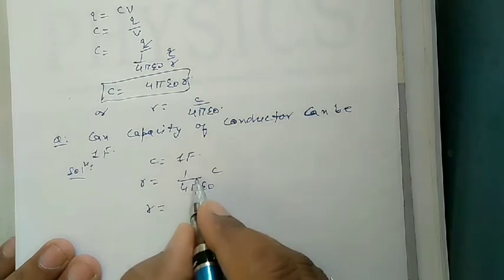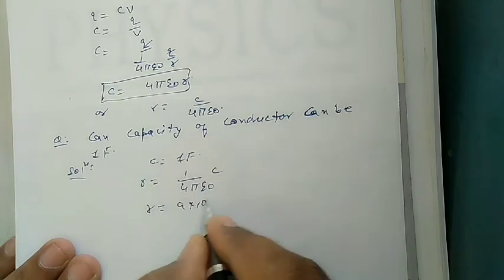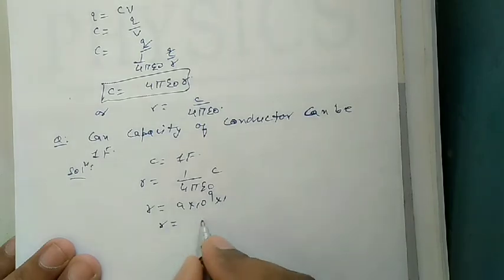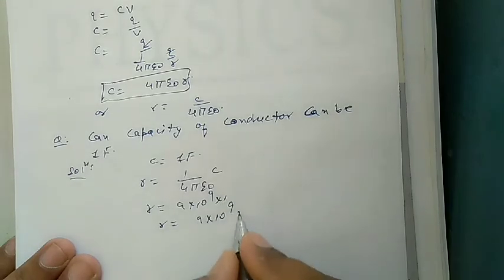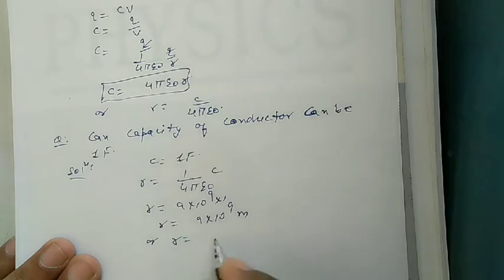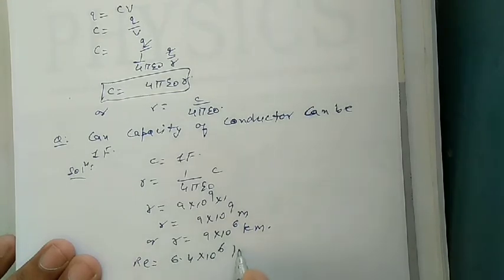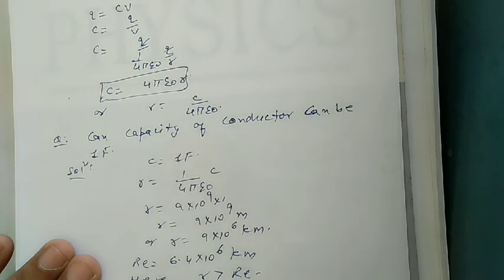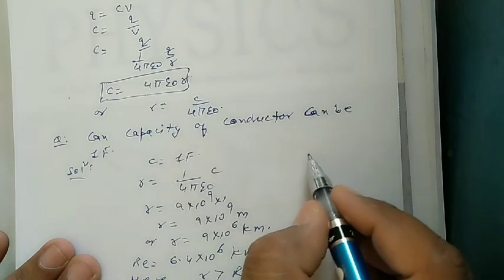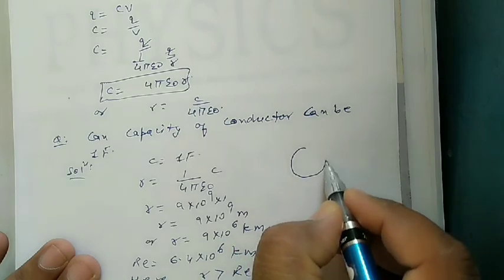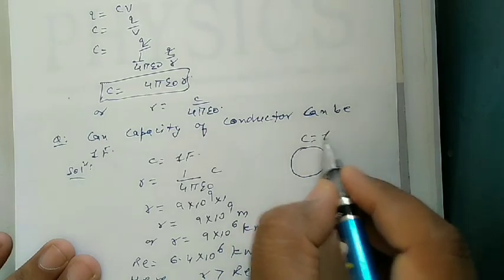We know the value of 1 by 4 pi epsilon 0 is 9 into 10 power 9, into 1. So radius is 9 into 10 power 9 meter, or radius 9 into 10 power 6 kilometer. We know radius of Earth is 6.4 into 10 power 3 kilometer. Here this radius is greater than radius of Earth, so it is not possible to make a conductor having capacitance equal to 1 farad.